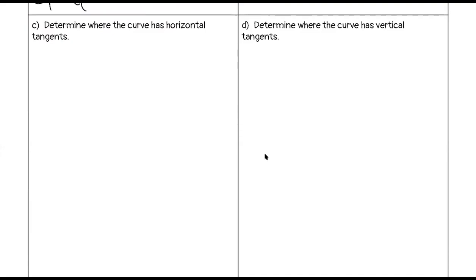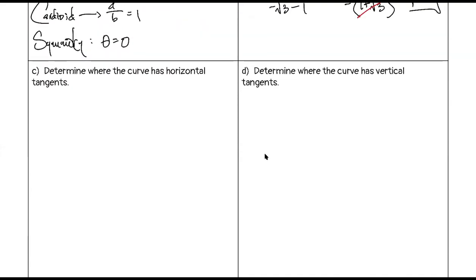But a curve is going to have a horizontal tangent when the slope equals 0. In other words, just like we did in parametric, we're going to set the numerator equal to 0 and solve for theta. Okay.